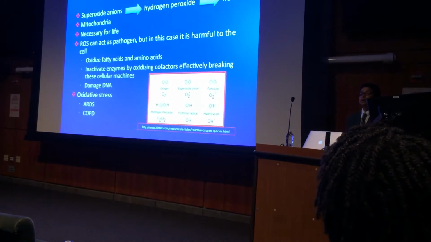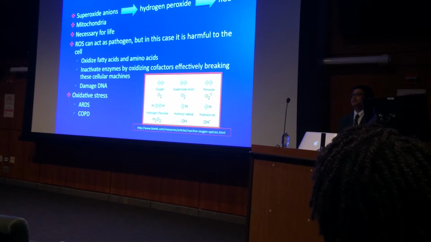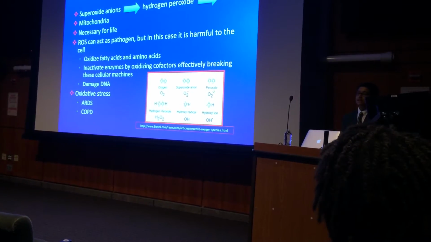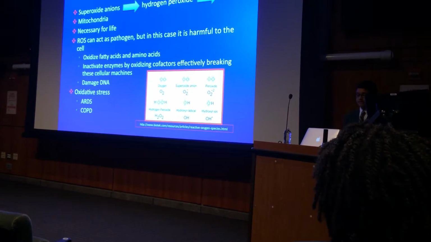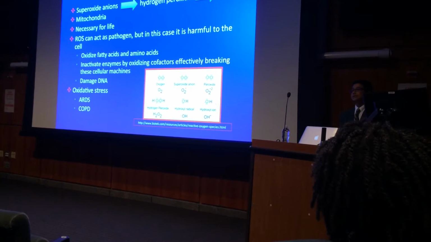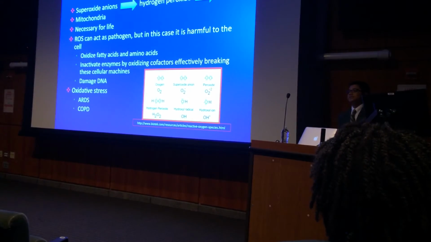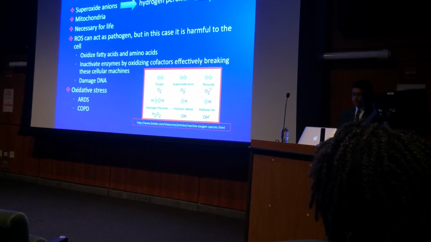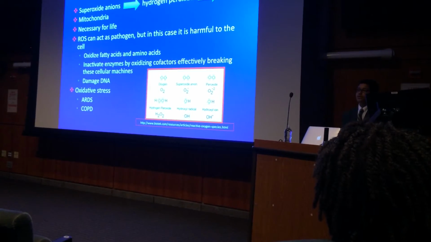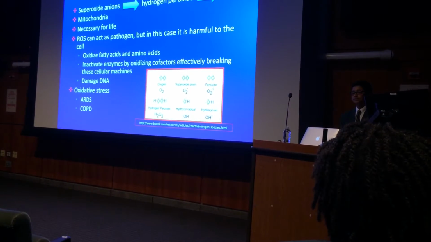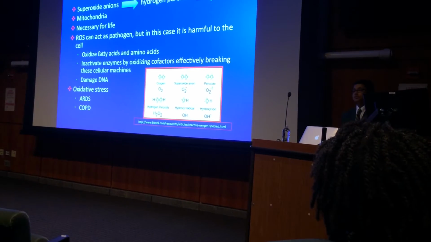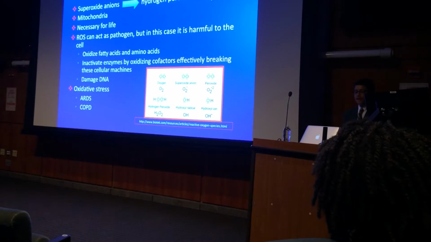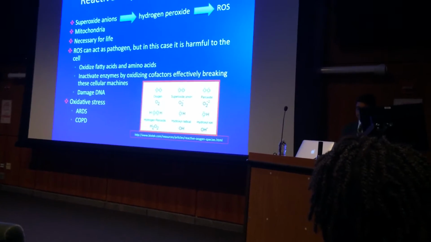ROS does damage to the cell in 3 distinct ways. It oxidizes fatty and amino acids, it inactivates enzymes by oxidizing cofactors, effectively breaking down these cellular machines, and it damages DNA. One of the main ways ROS can do damage to the cell is by causing oxidative stress. According to the National Institutes of Health, oxidative stress is the disturbance between the production of ROS and antioxidant defenses.